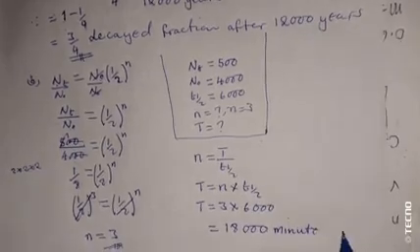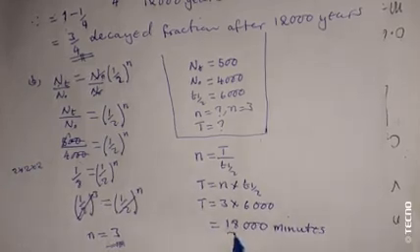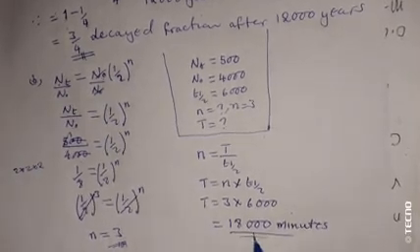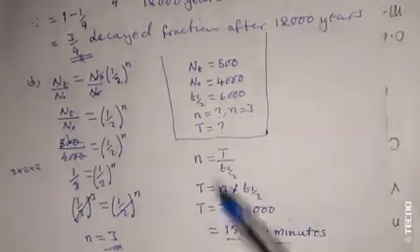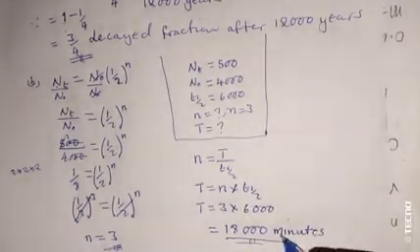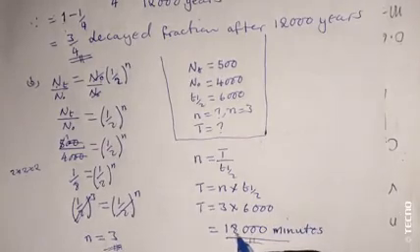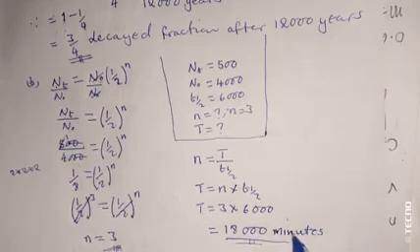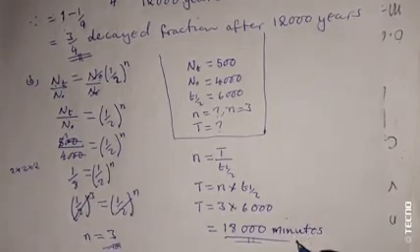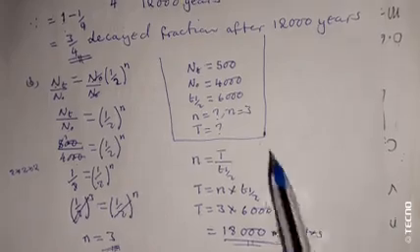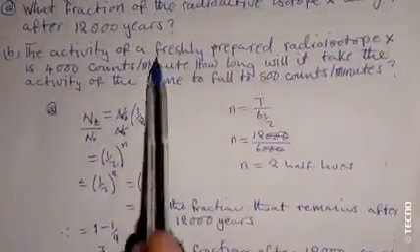If we had days, we would have said days, or years, we would have said years. So this one is, sorry, not minutes. The time has been given in years, so it's 18,000 what? Years. Not minutes, because half-life is being given in years, but the count rate here is being given in minutes, as you can see.